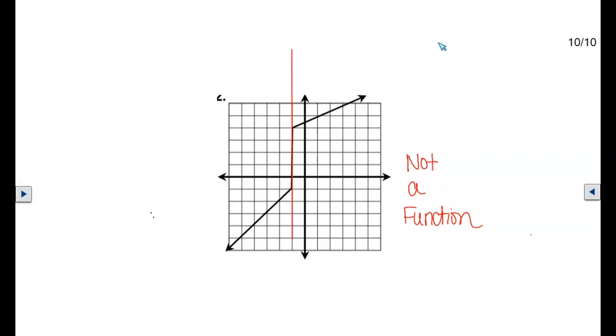So, with functions, here's what we need to know. A function's job is to take an x, which is a member of the input set or the domain, and to relate it or connect it to a y, which is a member of the output set or the range. That's how they work. They connect x's to y's.